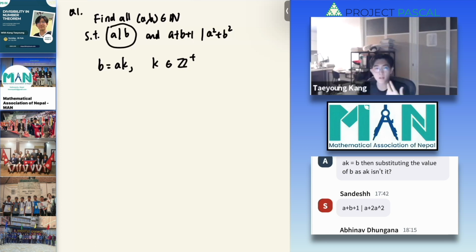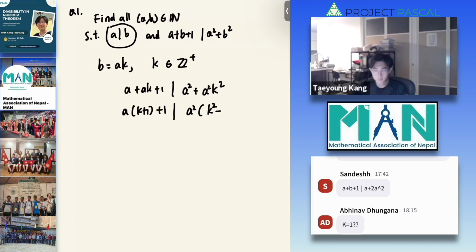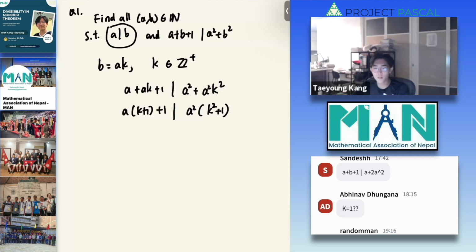So what does that condition basically change the whole question to? It just becomes A plus AK plus 1 divides A square plus A square K square. In other words, A times K plus 1 divides A square times K square plus 1. And now, as Sandesh mentioned, we can use the Euclidean algorithm on this, right?